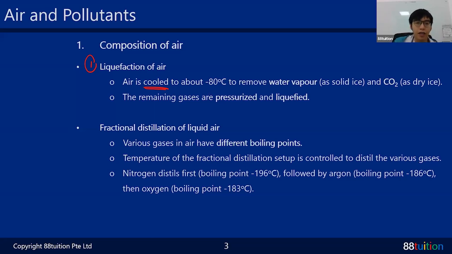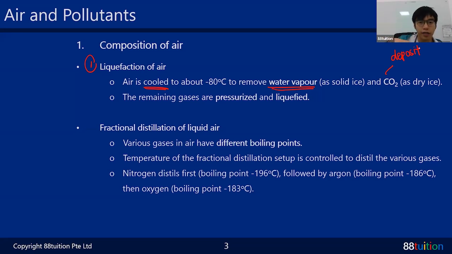This temperature helps you remove two of the gases. Number one is water vapor, which is just gaseous water that freezes at zero and boils at 100 degrees. If I cool the air down to negative 80, my water vapor will freeze and become solid ice. Carbon dioxide is another gas that will deposit, because carbon dioxide doesn't exist in liquid state in this atmosphere.